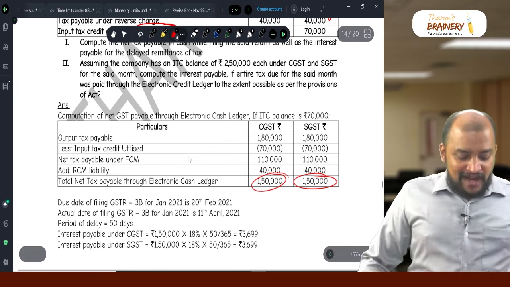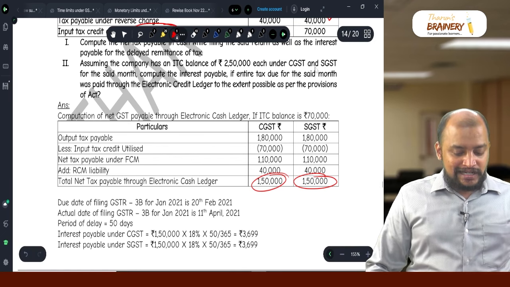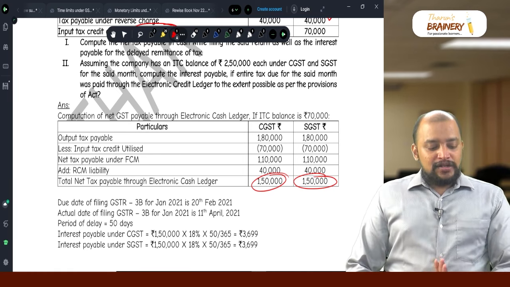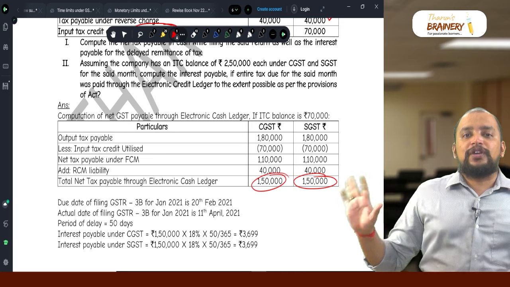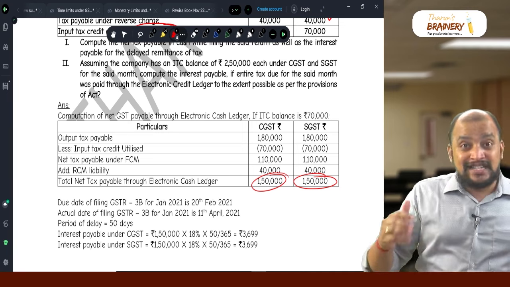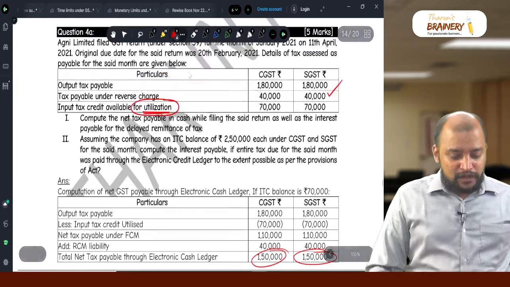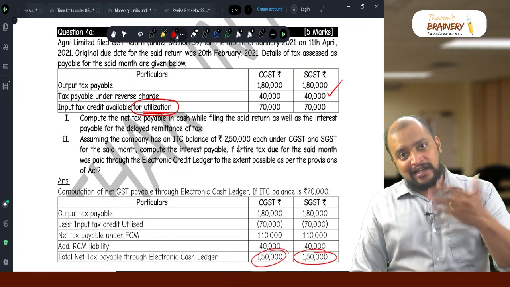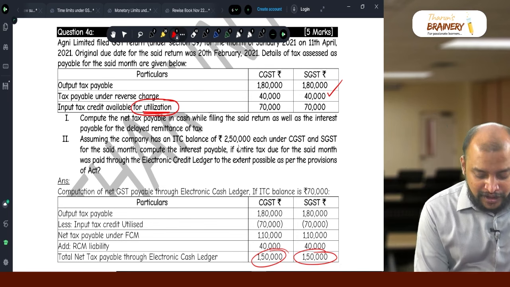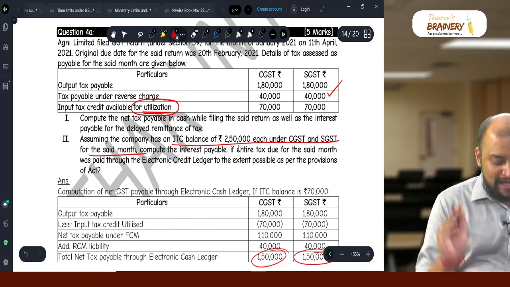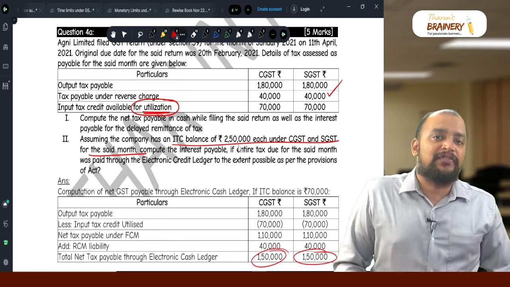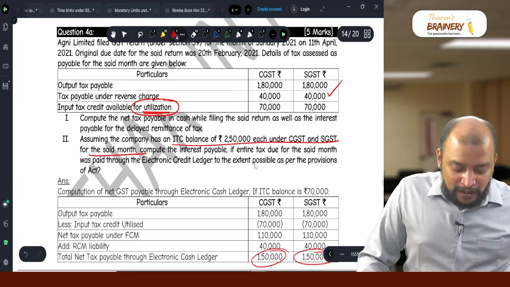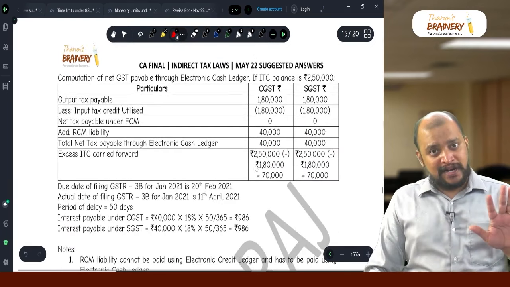Here, as they clearly gave an ITC balance of 2,50,000 for the said month, the 40,000 rupees will definitely be included. There is no alternative assumption here, so only one answer is correct.